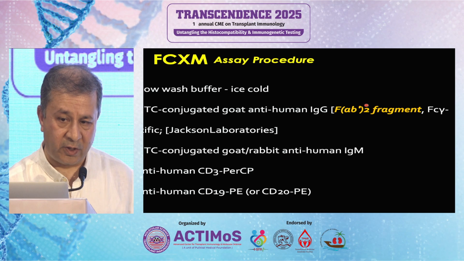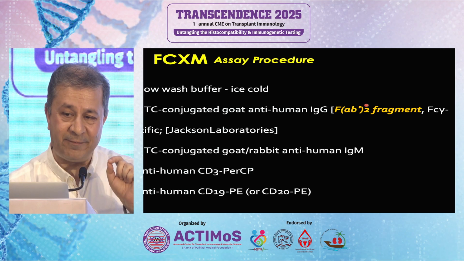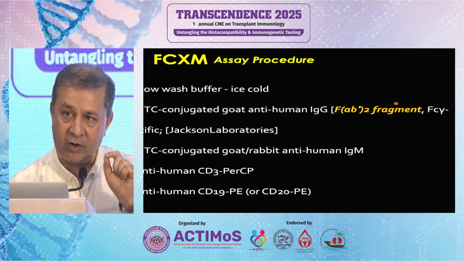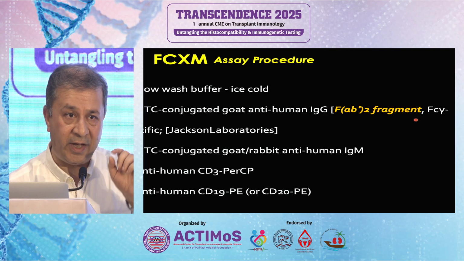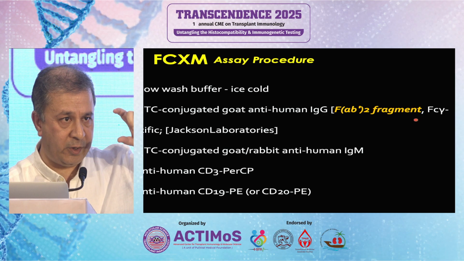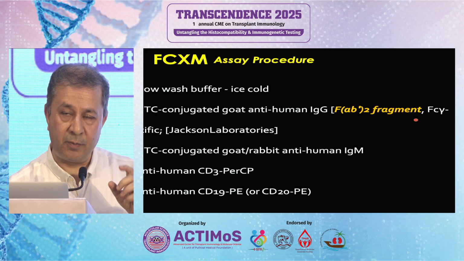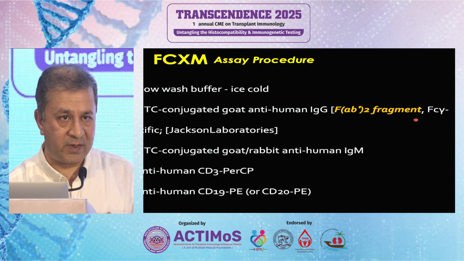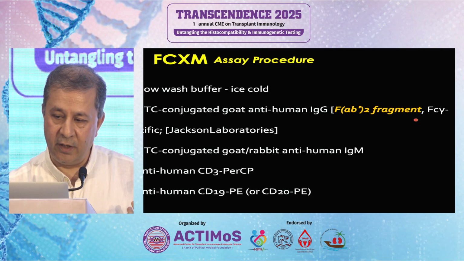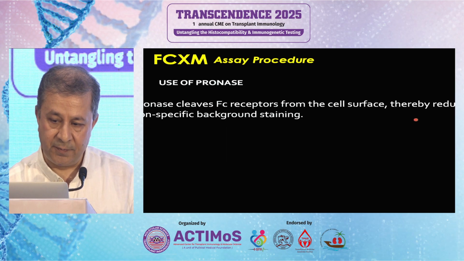We need to make sure that we're using only the FAB fragment of the antibody for our flow cytometry. The reason is that if you have the FC portion of the antibody, the bit of the Y, it has a probability of getting fixed to monocytes and other mononuclear cells non-specifically, and that can give you a false positive reaction.